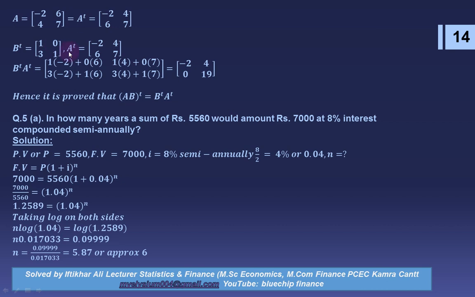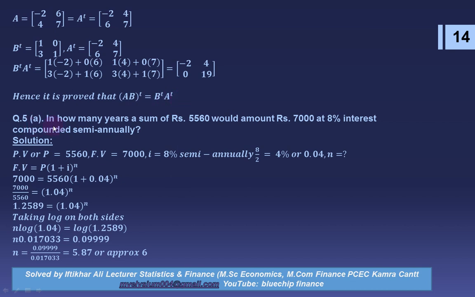First row first column, first row multiplied by second column, these are given here. Then second row first column and second row second column, these are given here, and the result is minus 2, 4, 0 and 19. So hence it is proved that (AB) transpose equals B transpose multiplied by A transpose.